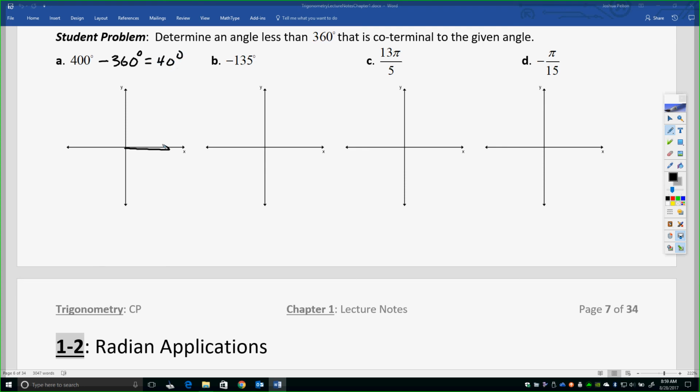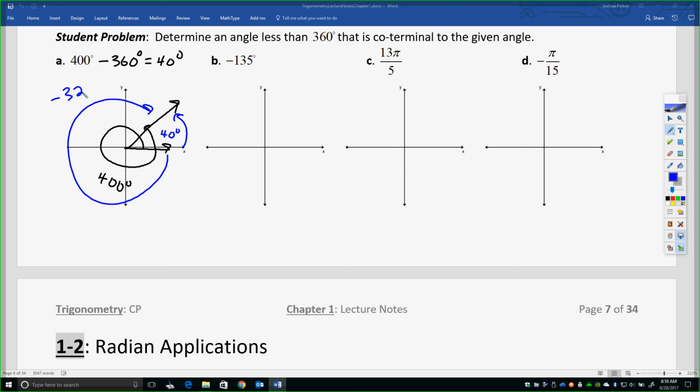If we start at our initial side, we go all the way around 360, plus another 40 degrees. So there is our 400 degrees. Therefore, we have a coterminal angle of 40 degrees right here. And going the other way around is negative 320 degrees.